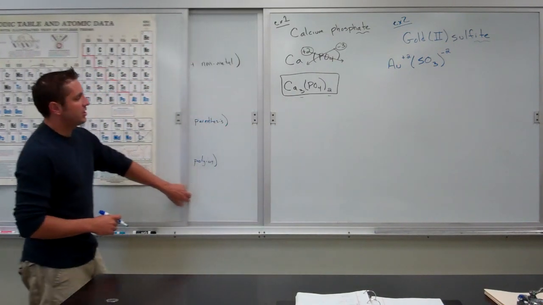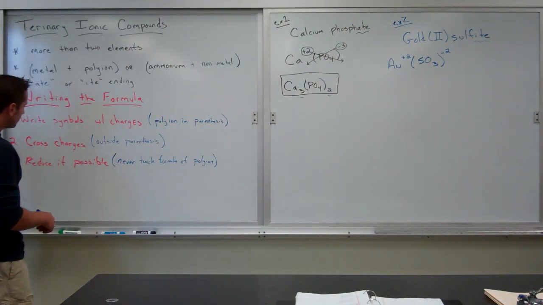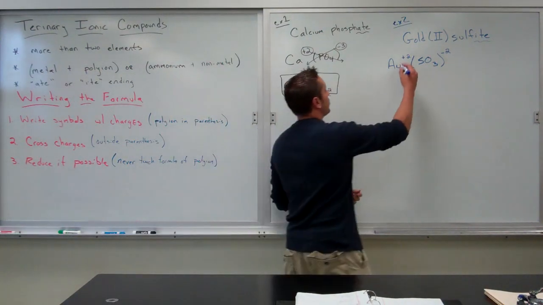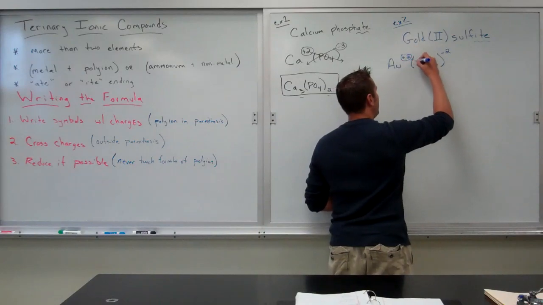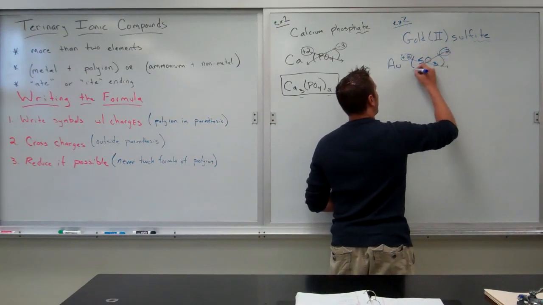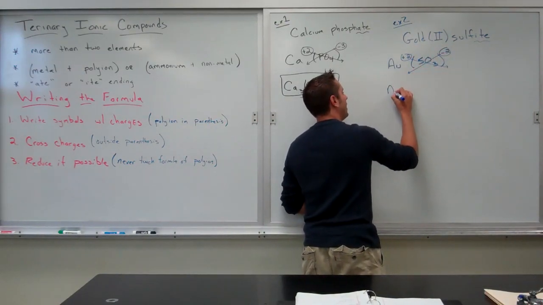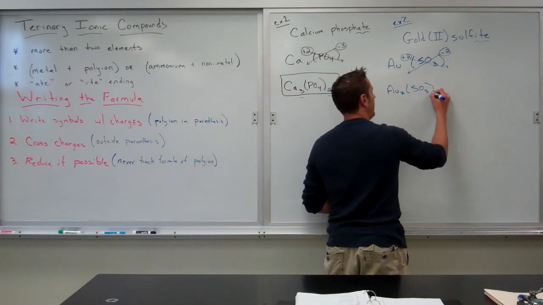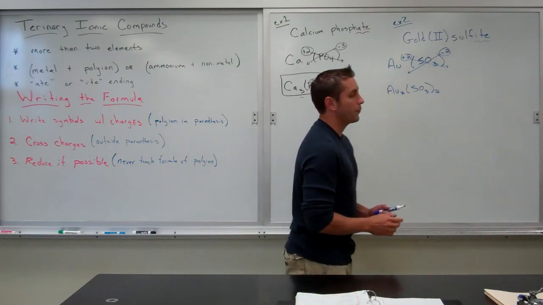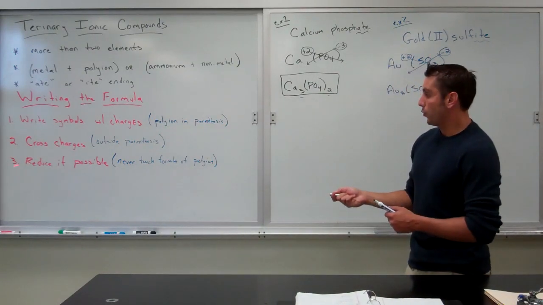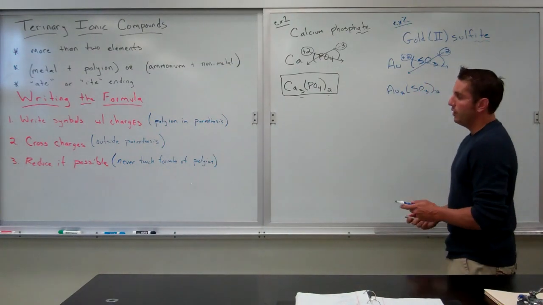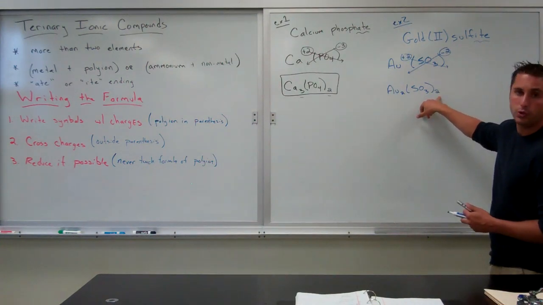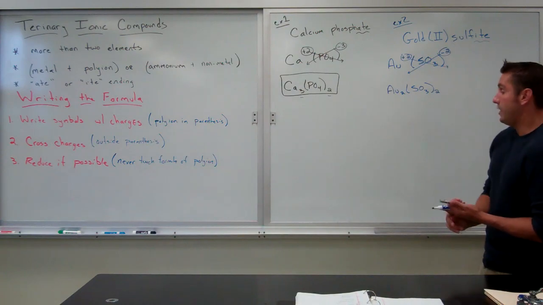So we list our symbols and charges, and step 2 says cross those charges. So we're going to cross the charges down, again, only in number, and when we do that, we get Au2(SO3)2. Step 3 says reduce if possible. Right? So what we are checking is, do 2 and 2 reduce? And the answer to that question is yes.